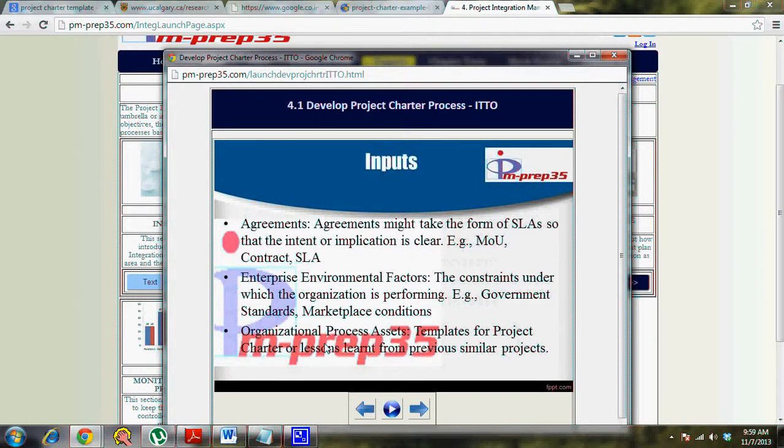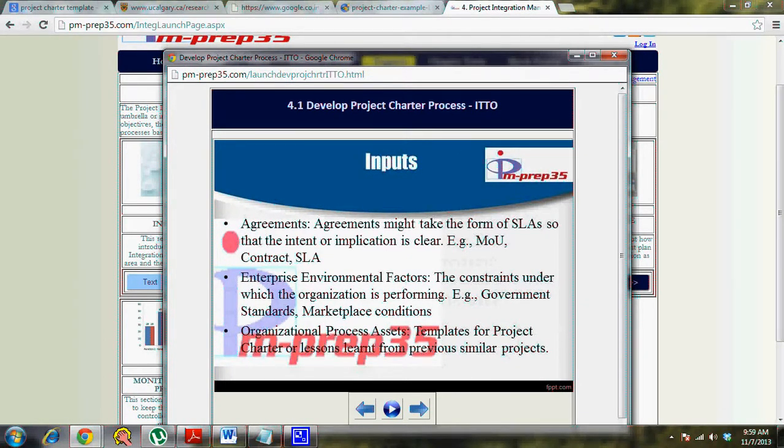So now when you are developing a project charter, you obviously will need the help of senior management or managers who have done similar kind of projects. So their expert judgment is an important tool for you to leverage in your particular development of project charter, and you will convene these different managers, subject matter experts into a meeting or group discussion where you facilitate them to talk, so you can collect information and inputs from them.